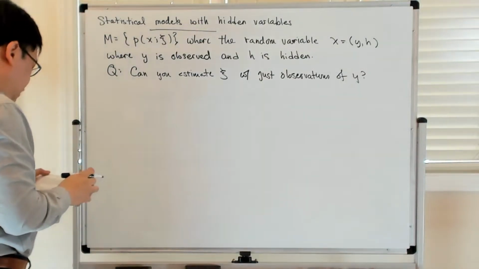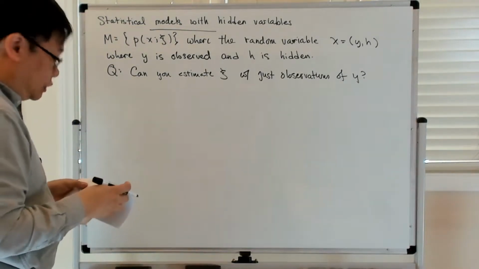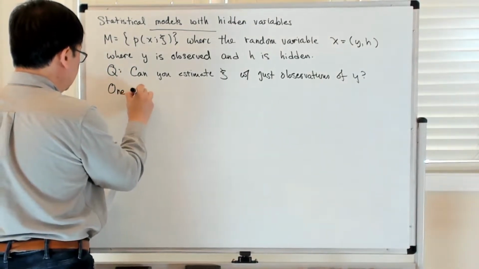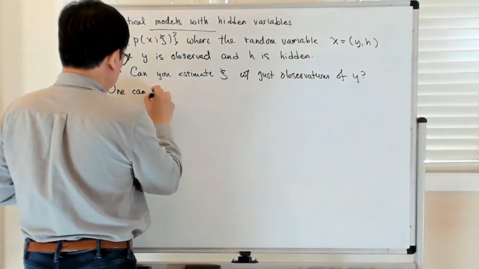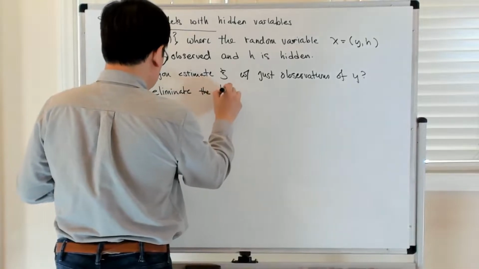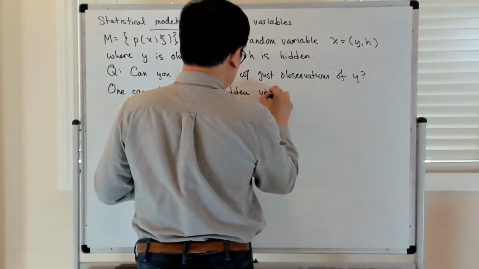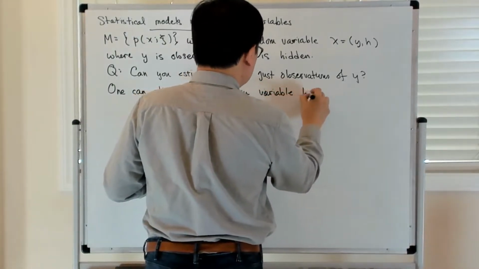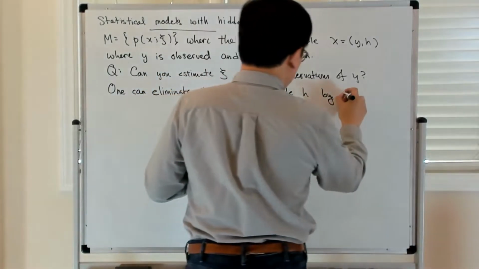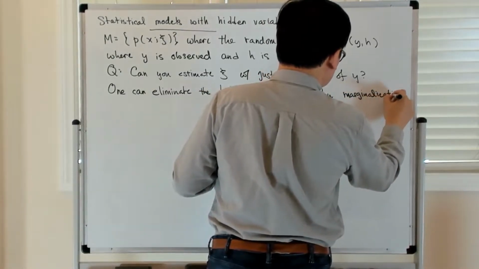So one very easy way to try to approach this is to look at the marginal distributions, right? So one can eliminate the hidden variables by marginalization, right?